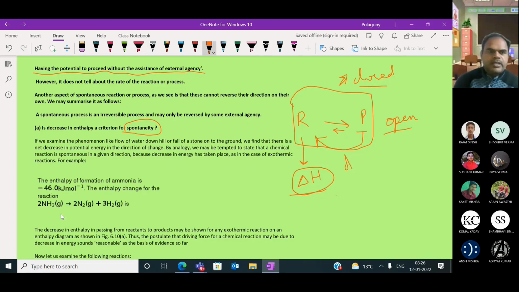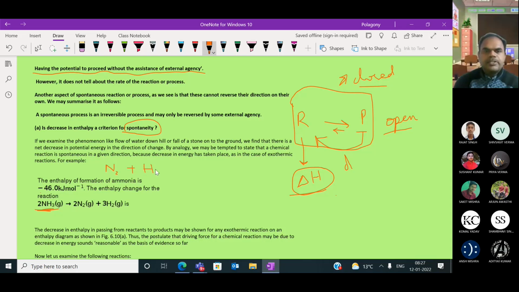For example, here is the decomposition of ammonia. Say decomposition of ammonia is non-spontaneous. Look at this equation, ammonia is given here. Ammonia is a product, right? So how is the ammonia formed? Ammonia is formed when nitrogen gas combines with hydrogen gas.